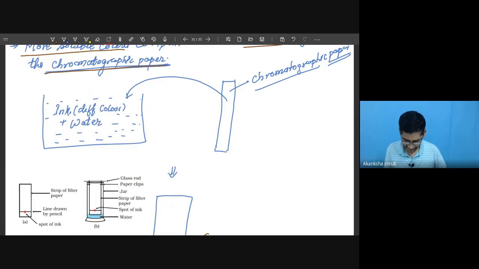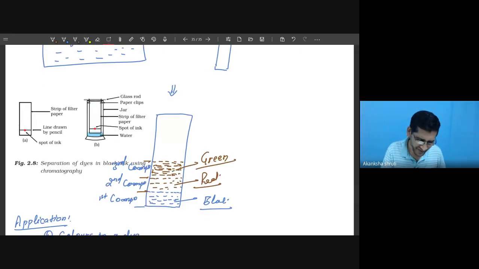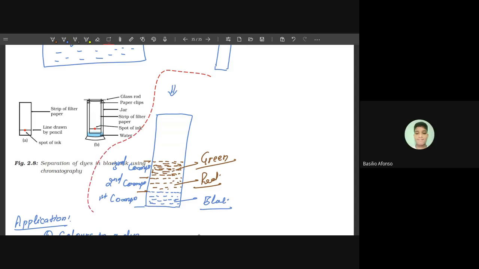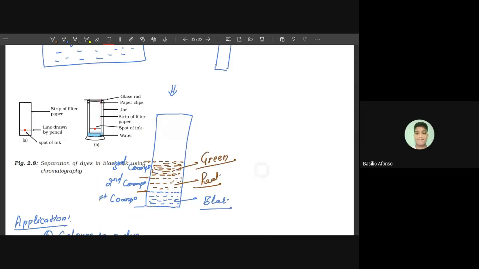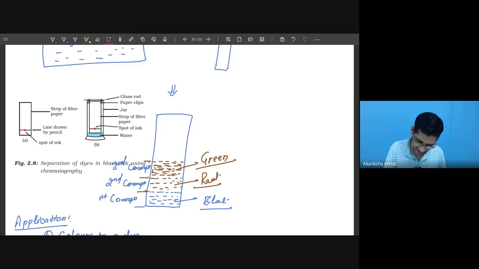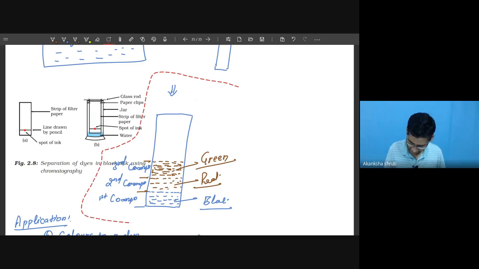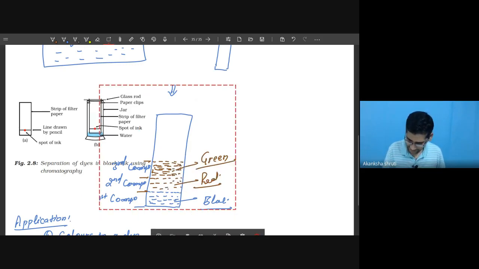So it is like this. Are you getting? Just wait. Let me rearrange this so that it will look better. Sorry.